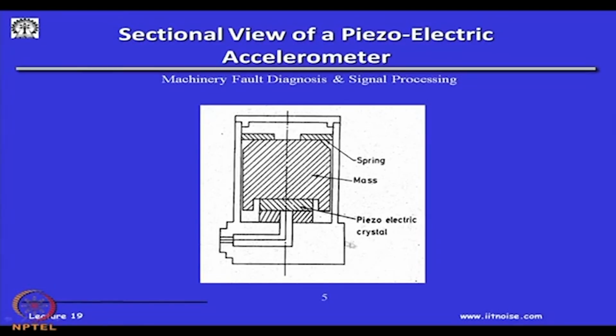This is a ceramic unit, there is a steel unit, and because of the relative displacement between the mass and the piezoelectric crystal, we get a charge which is proportional to this displacement or acceleration, and then we will see a voltage.